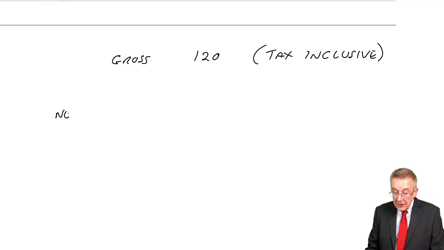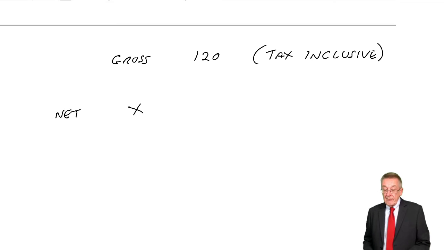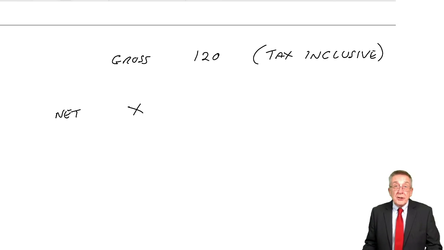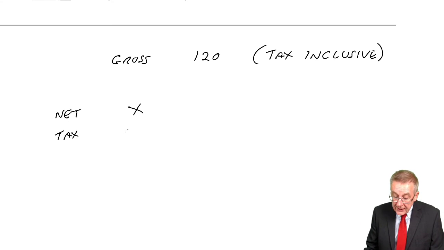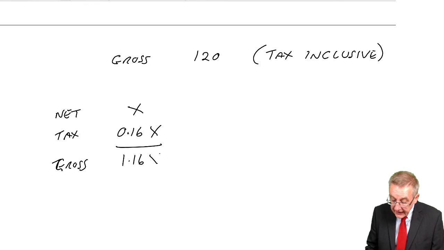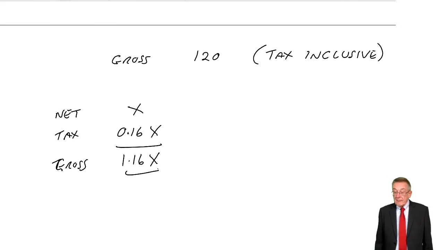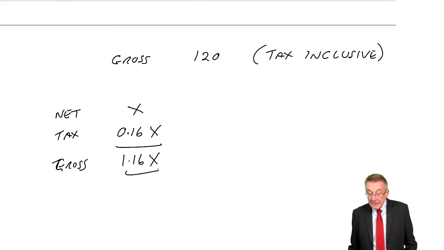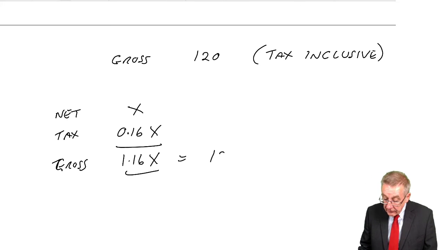Just suppose the net price was X. They've got to add on 16% of the net price, so that tax will be 16% or 0.16 times X. And so the total price, or the gross price, 1x plus 0.16x, is 1.16x. So X is the net price, the gross price is 1.16 times X. We know what the gross price is, it's 120.